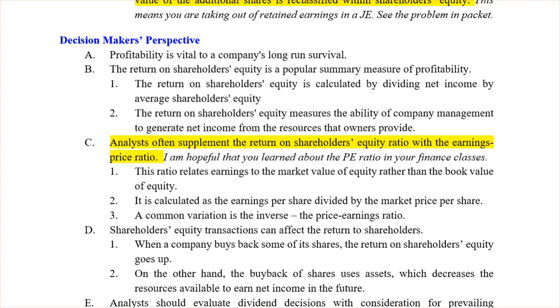Now price per share, you kind of got introduced to that a bit in this chapter because we're talking about doing stock splits, we're talking about doing stock dividends, and the effects that those things will have on price per share. In another chapter, we're going to be talking about earnings per share and how earnings per share is calculated. And earnings per share is not just net income over ending shares outstanding.